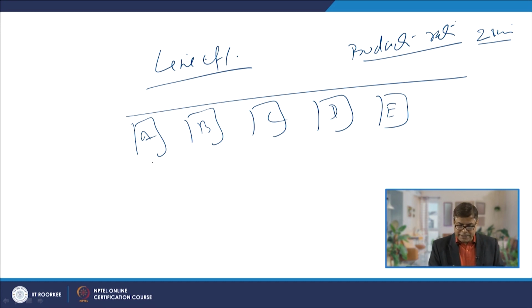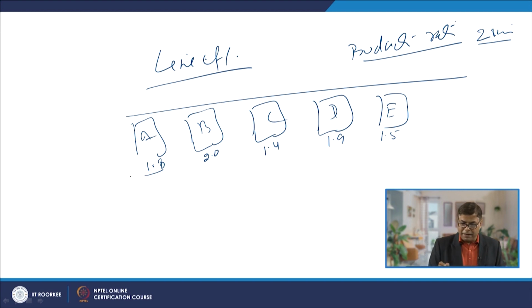And we see that the job at station A is completed in 1.8 minutes, at station B the job is completed in 2 minutes, at C it is completed in 1.4 minutes, at D in 1.9 minutes, and at E in 1.5 minutes.